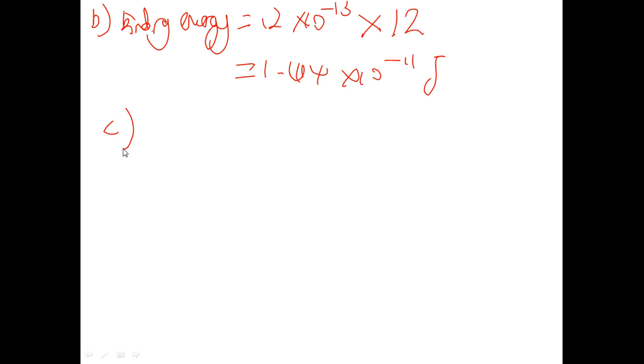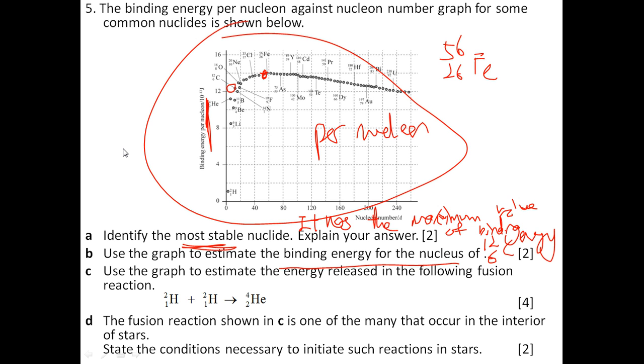Okay, so part C, I have to use the graph to estimate the energy released in the following fusion reaction. Hydrogen 2,1. So where is my hydrogen over here? My hydrogen is somewhere here, this small one, with a value around 1.